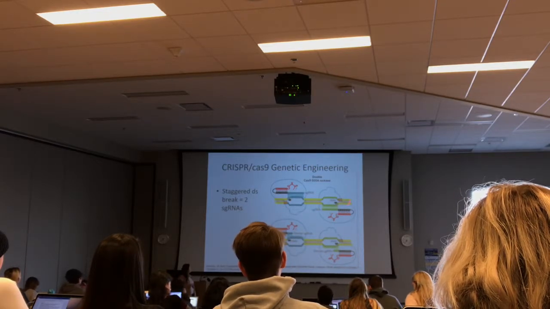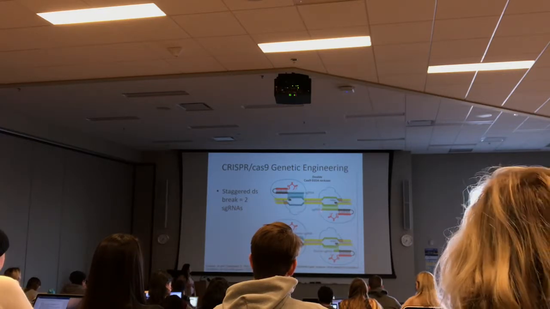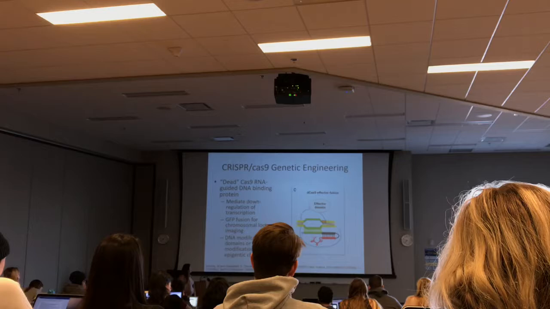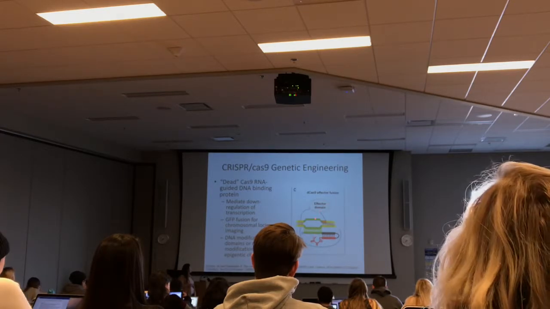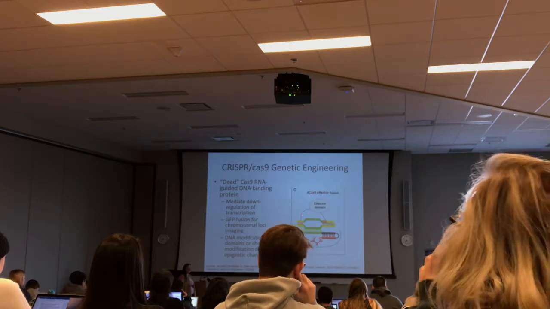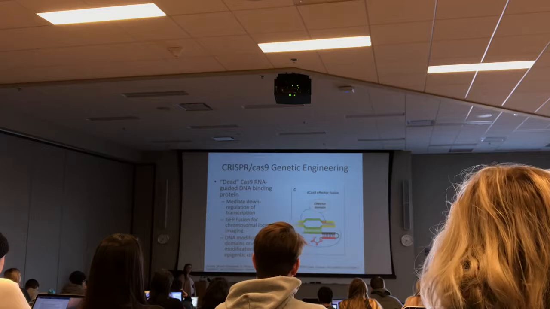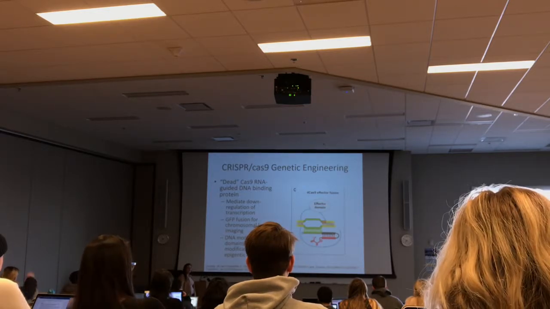Staggered breaks, by using two different guide RNAs, and then mutating both domains so you don't get any cutting of DNA, but you use Cas9 binding to label DNA in some way. All right, any other questions?